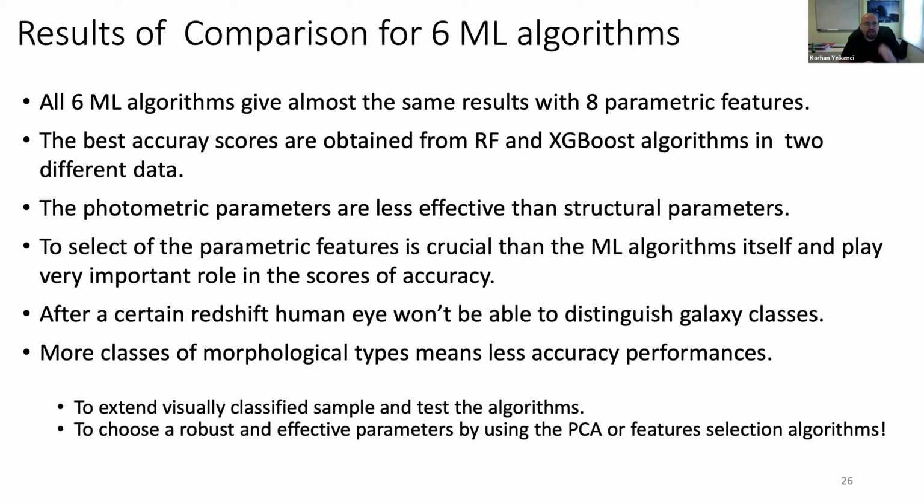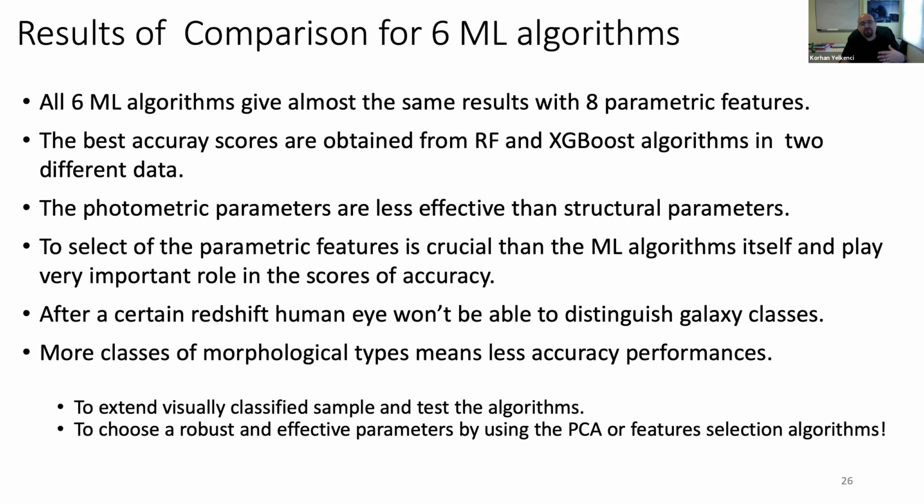A problem: more classes of morphological types mean less accuracy. If you just divide into 2 sections, elliptical or spiral, and if you put in other classes, maybe your accuracy will go down. So this is another problem you should consider.